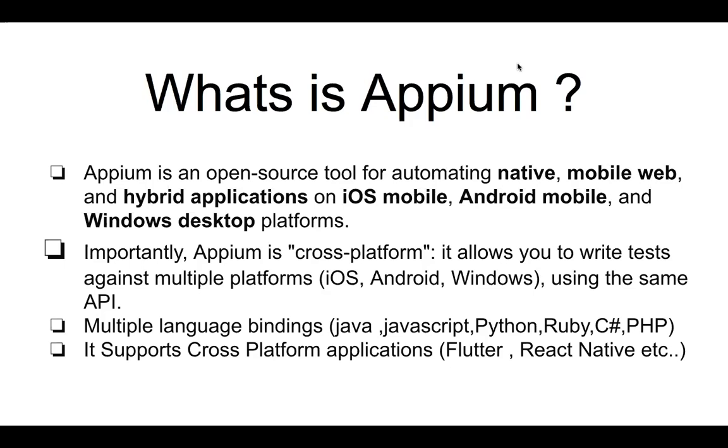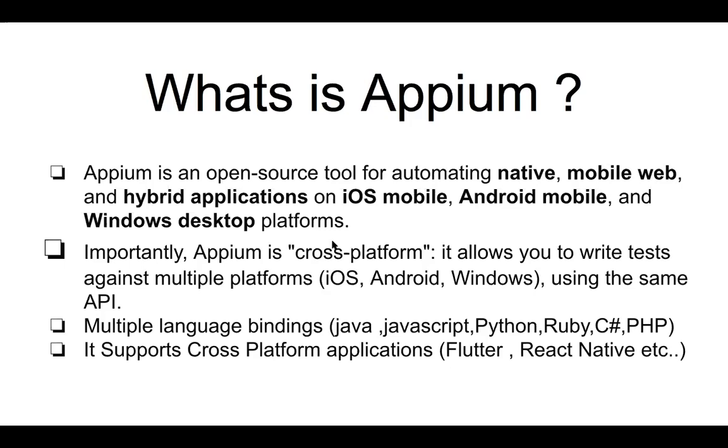So that is a hybrid: native plus web. It also supports mobile web as well as some Windows desktop platforms. Recently, they introduced the Windows desktop platform, and also Android TV and iOS TV. Those things you can also automate using Appium.